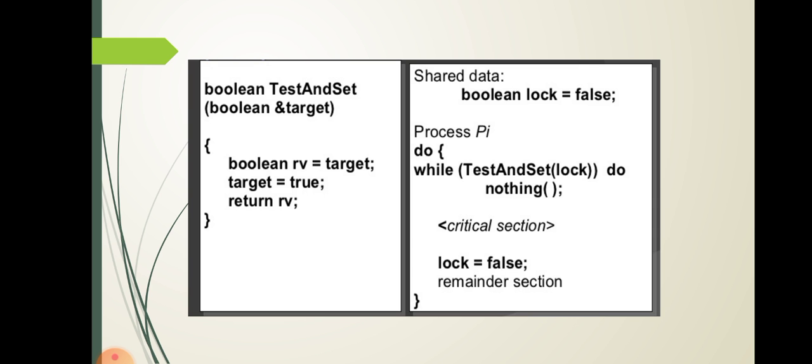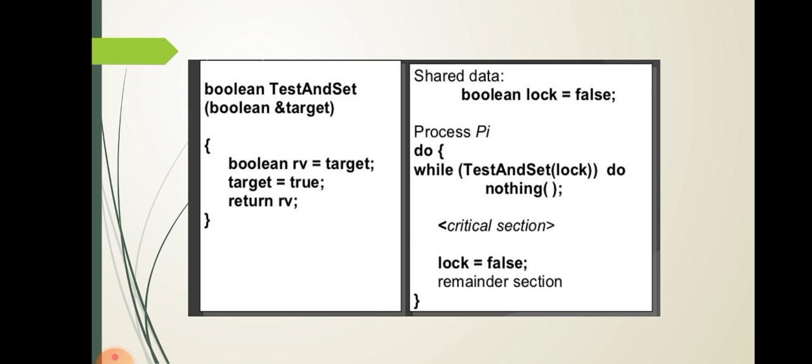So when the process Pi, or process P1, wants to execute the critical section, in that code we have already discussed the critical section problem, so I hope you remember that structure. Whenever the while loop tests and sets the lock, we are not going to do anything.